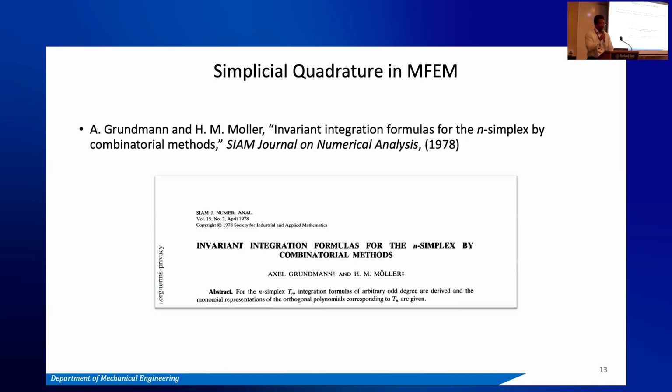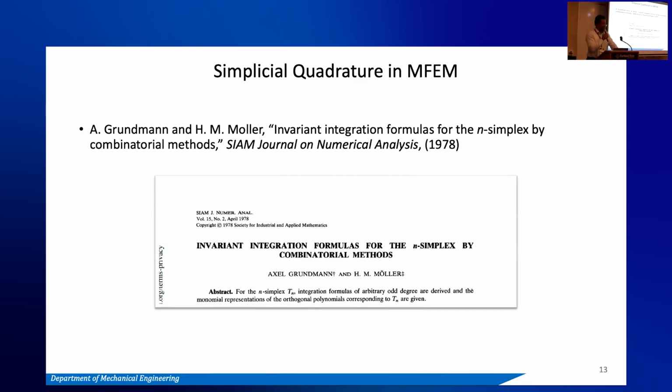These rules are taken from the 1978 paper entitled Invariant Integration Formulas for the N-Simplex by Combinatorial Methods. This paper is incredibly clever. They, in fact, construct a symmetric, or affine invariant, polynomial basis on the simplex.